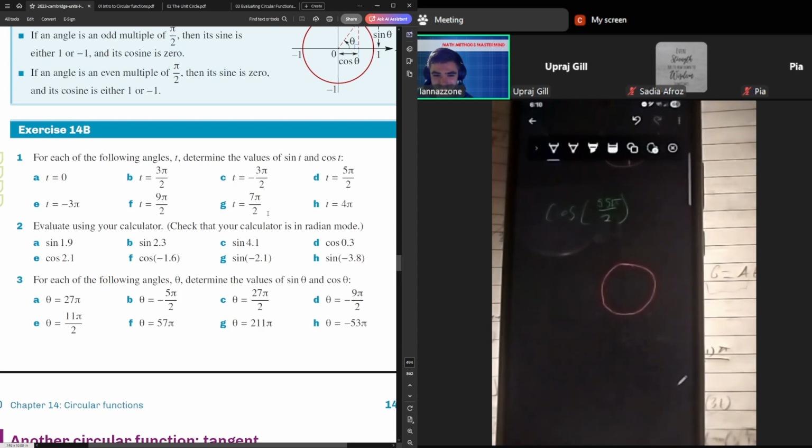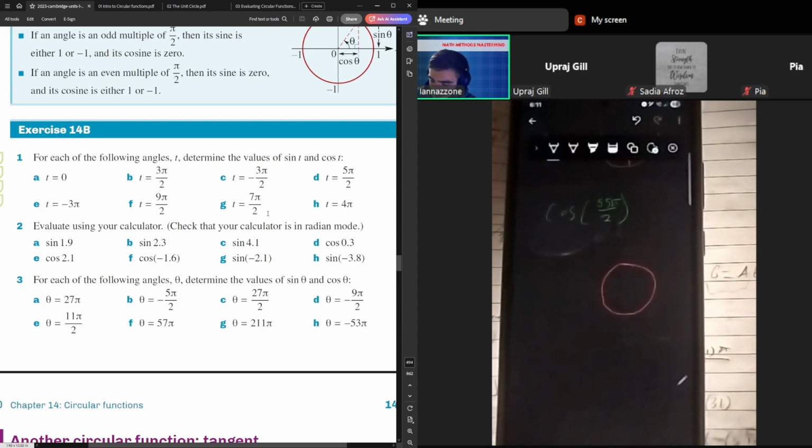I just thought that 55 pi over 2 is pretty close to 56 pi over 2. Yep, and then that would just be 14 revolutions of the unit circle. But since we're pi over 2 away, I just went back pi over 2 and then looked at the cos coordinate there. Yeah, brilliant. I actually love that a lot. That's different to what I was thinking, but that's also good because 56 pi over 2 simplifies down.